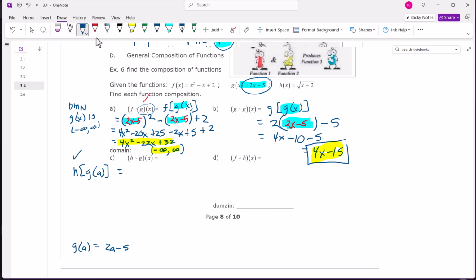Now write down h. H is the square root of something plus 2, and that something gets plugged in there. So you work this out. If you work this out, what you would have is 2a minus 3 as the answer to that problem.